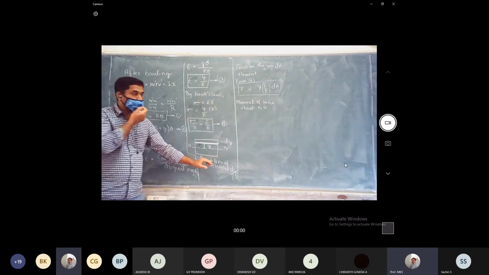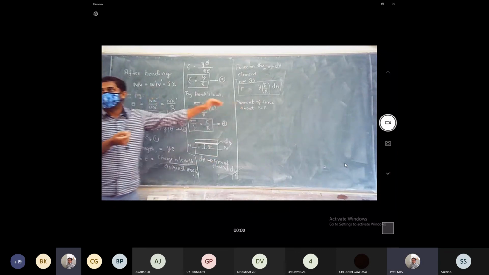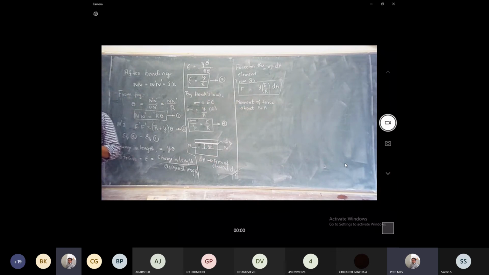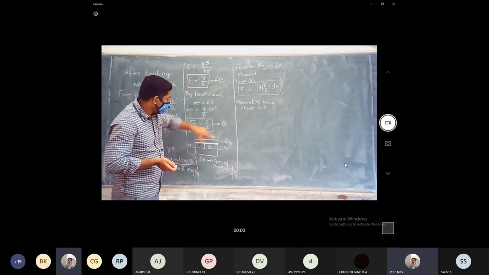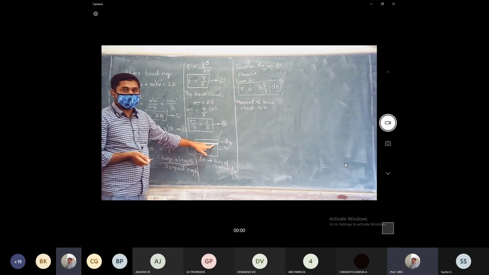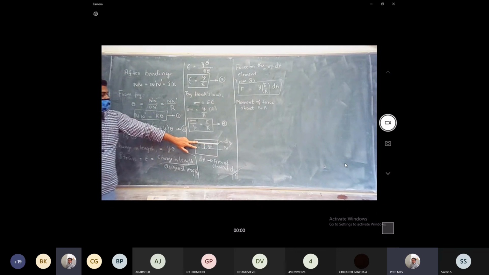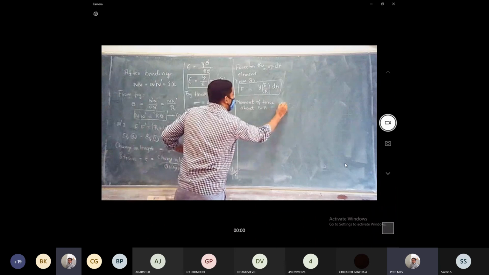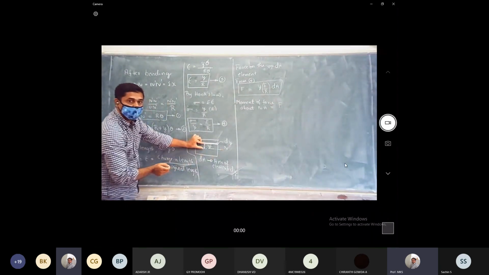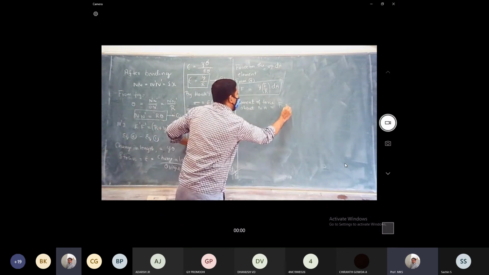Moment is force into distance, right? The moment of the force is F into y, since the distance for this element is y.